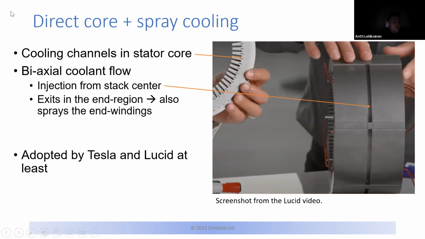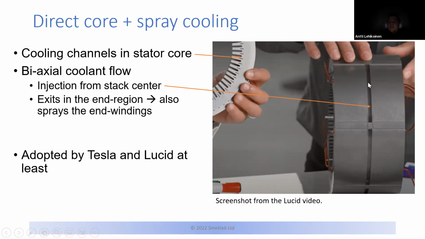Then a newer modification of this is basically a combination of direct core cooling and spray cooling. This is used, for instance, in the new Lucid Air motor. Maybe you have seen the video that I took this screenshot of. What they have is basically cooling channels cut into the stator core of the machine. And then in the axial center of the machine, they have this kind of a groove here.